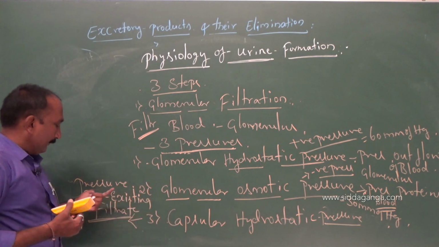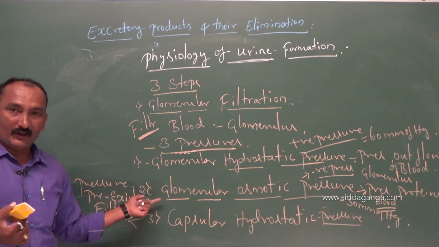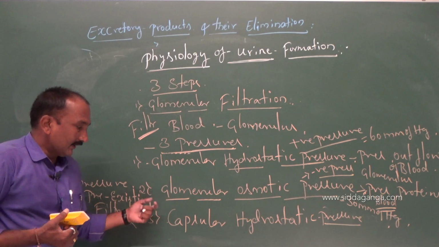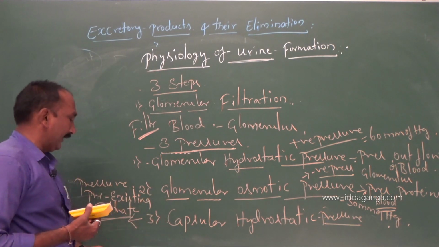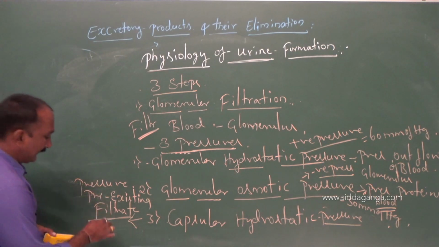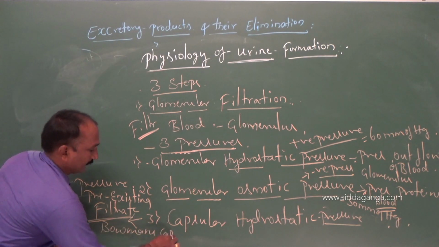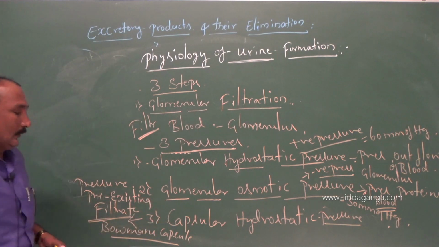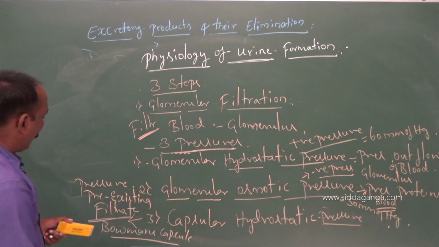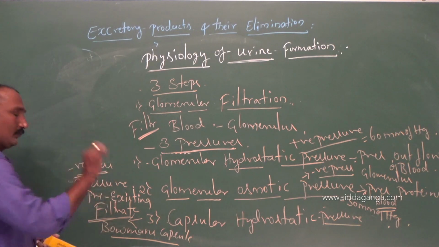Such retained pre-existing filtrate can exert a pressure that is called capsular hydrostatic pressure. It is the pressure exerted by the pre-existing filtrate of the Bowman's capsule, and this capsular hydrostatic pressure is also a negative pressure.